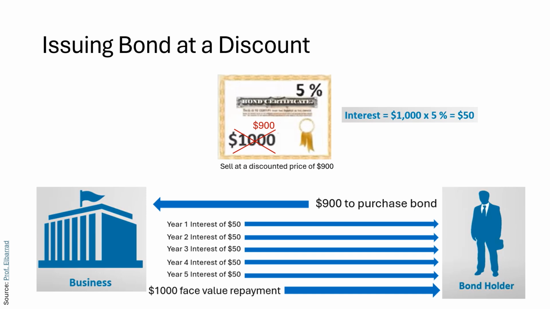So here's an illustration of what I just discussed. So if someone decides to purchase the 5% bond, then they could do that at a discount, for instance, of $900. So to calculate the interest payments though, you still take the face value times the contract rate.